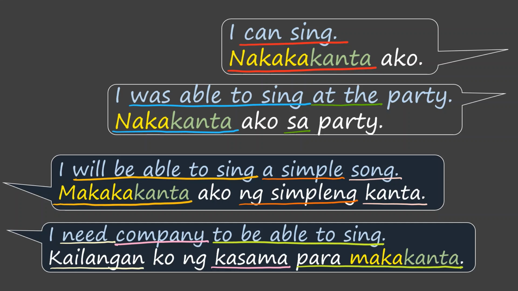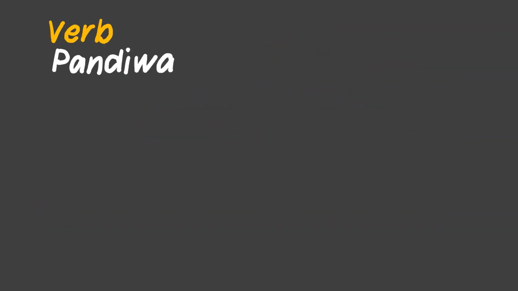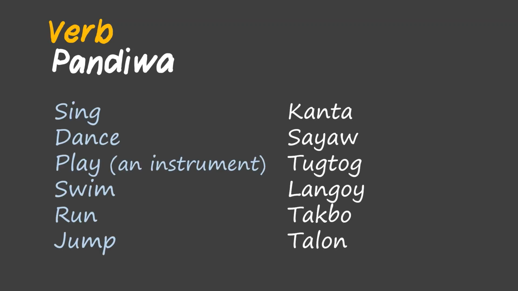The way to form verbs and tenses relating to our abilities or skills also uses the same rules of conjugation or pagbanghay as the words that we have learned before. So we will not elaborate more on this. Instead, here are some new root words for a verb or pandiwa that you can use for your practice.